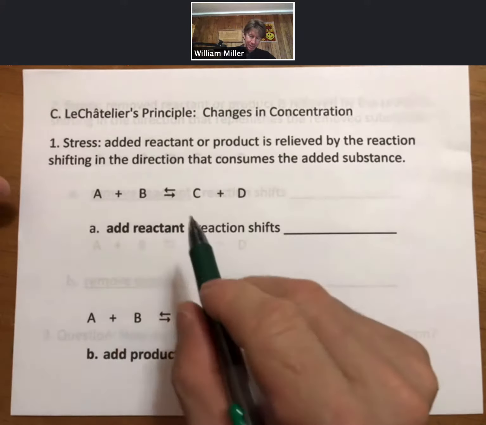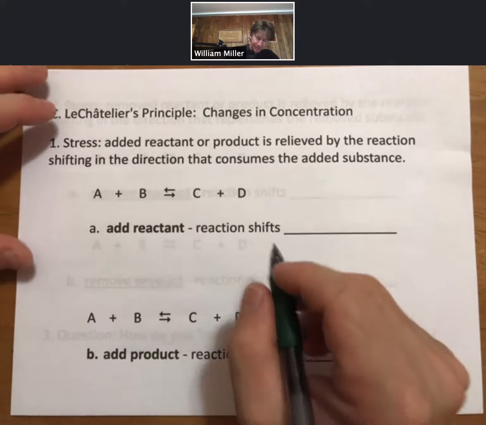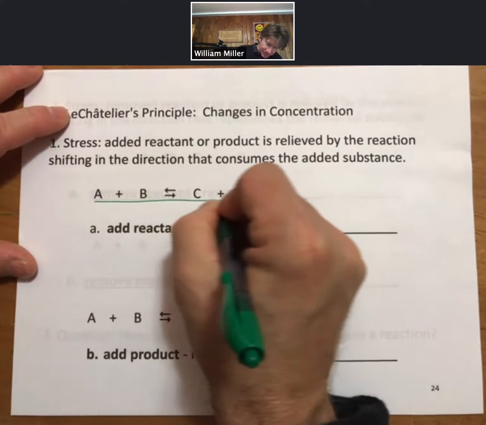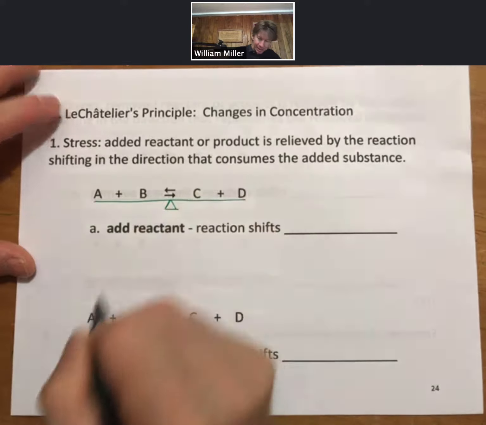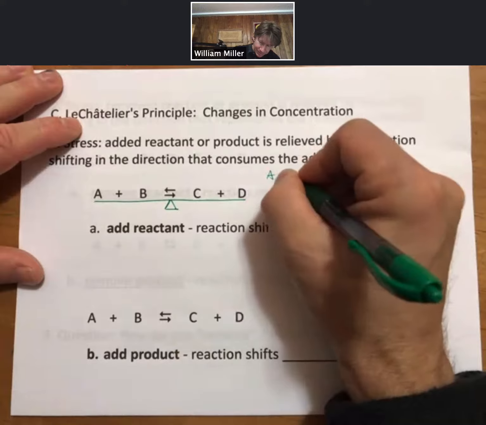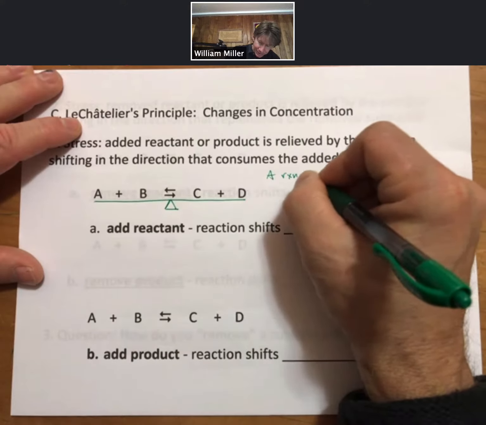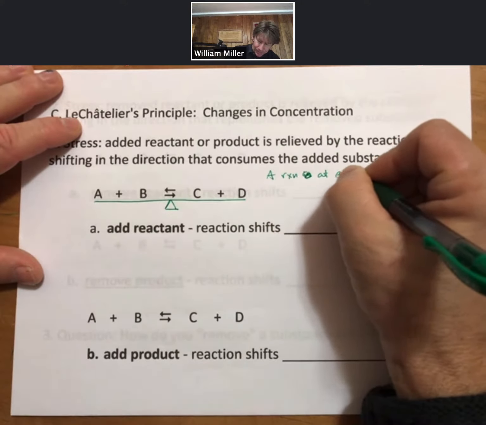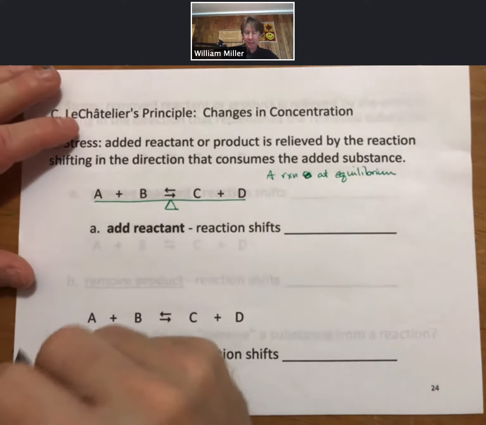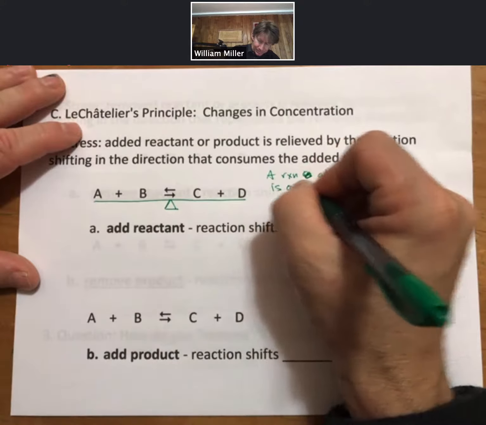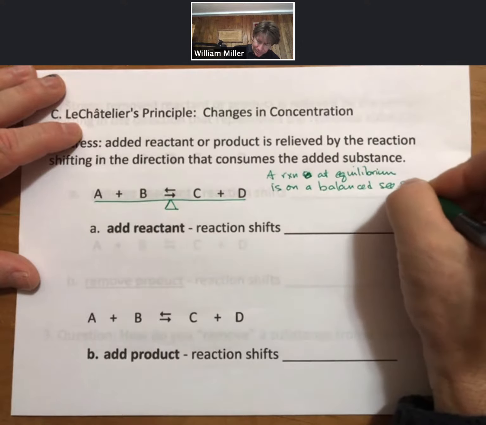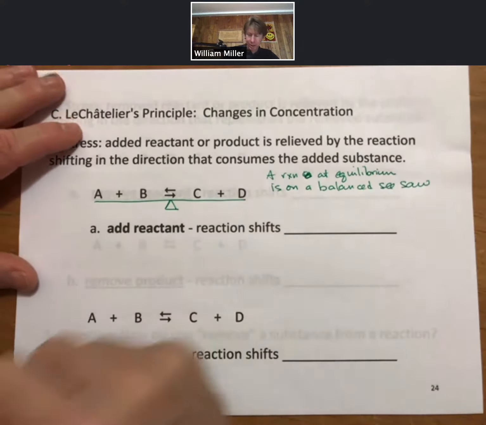So here's my analogy: a reaction at equilibrium is on a balanced seesaw, also called a teeter-totter.